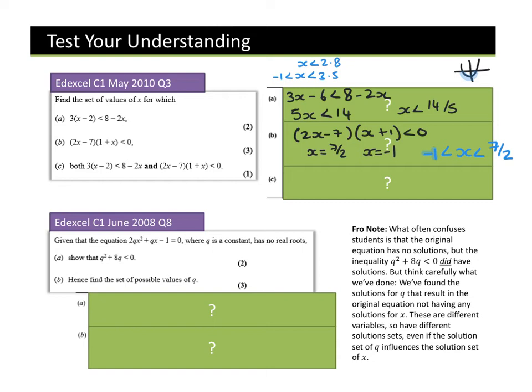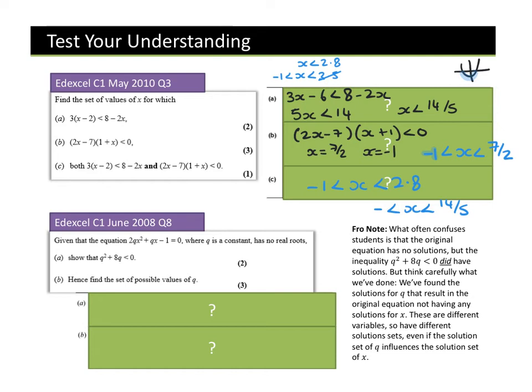Well, if it has to be less than 2.8, we can just cross that one off, and now it's minus 1 is less than x is less than 2.8. Or I'm happy for you to write minus 1 is less than x is less than 14 over 5. Personally, I would always write a fraction, but convert to decimal to really understand what's going on. So that is a total of 6 marks.